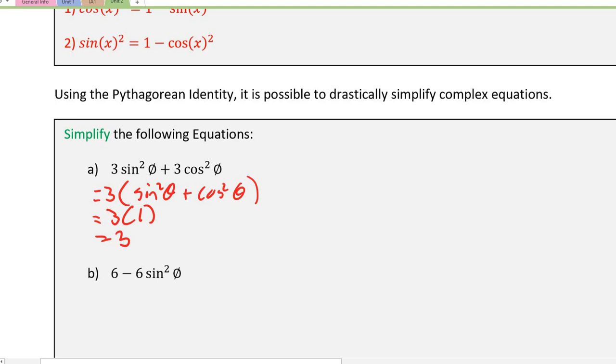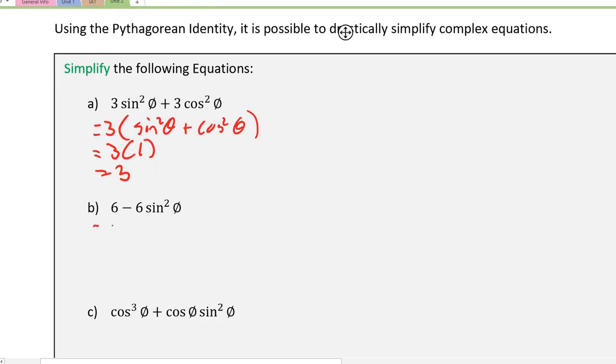Would anyone like to suggest, maybe Alyssa, what we'll do on this next one? Can you see a similar trend to the last one, Elizabeth? What would we do? Yeah, what if you, okay, I'm pulling out a factor of 6 out the front.